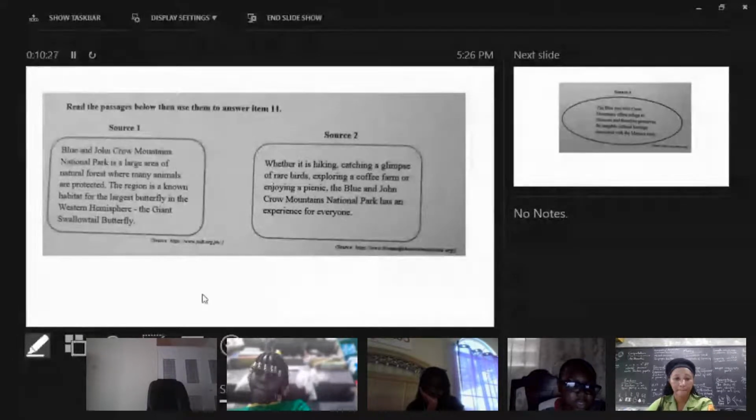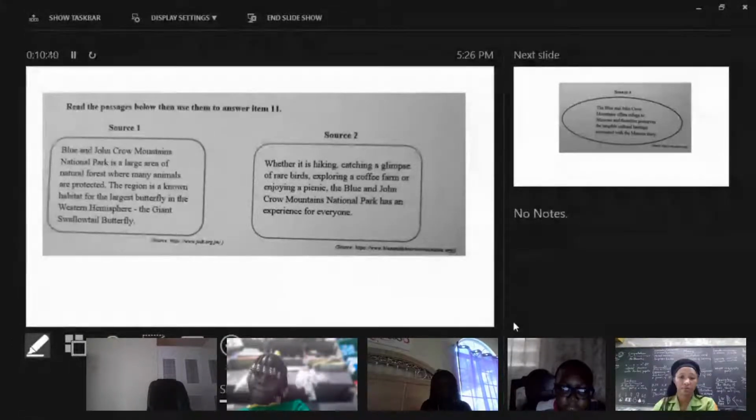The region is a known habitat for the largest butterfly in the Western Hemisphere, the giant swallowtail butterfly. Source 2. Whether it is hiking, catching a glimpse of rare birds, exploring a coffee farm, or enjoying a picnic, the Blue and John Crow Mountains National Park has an experience for everyone.